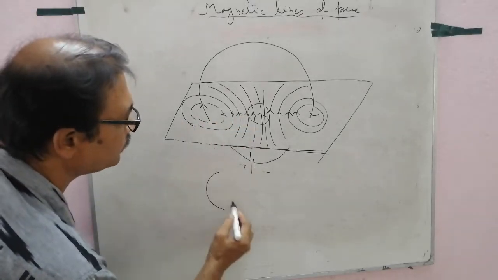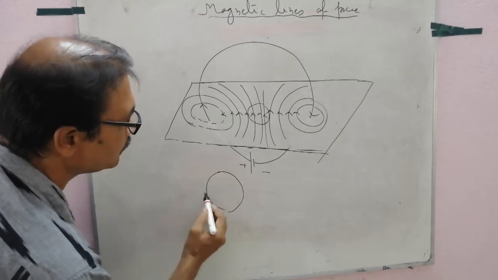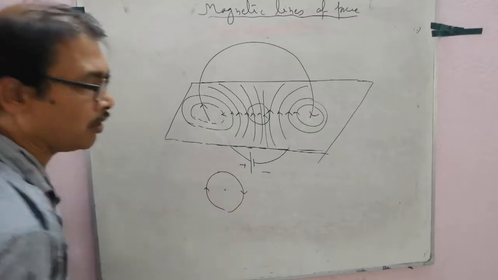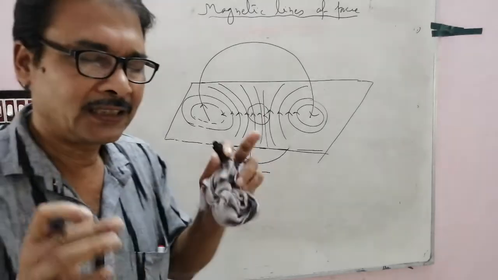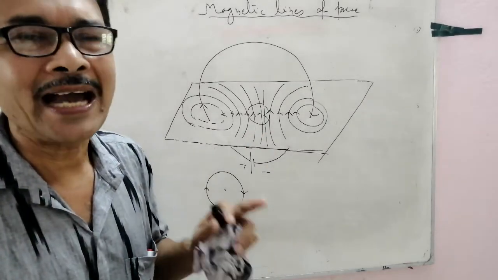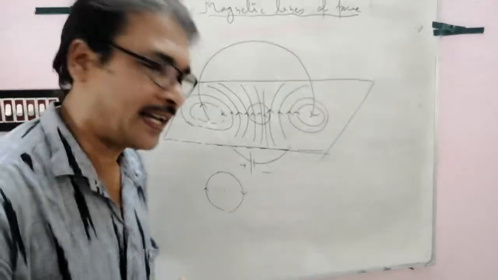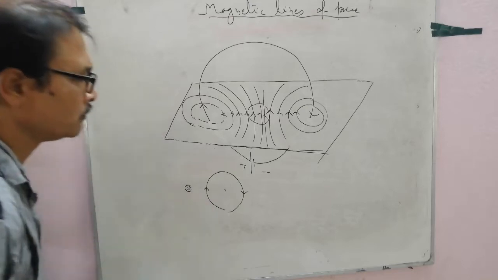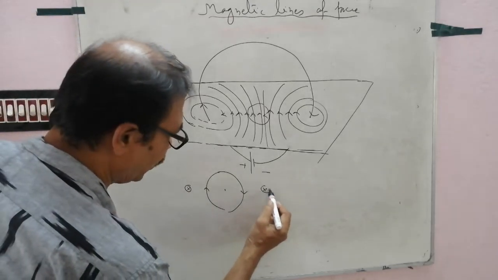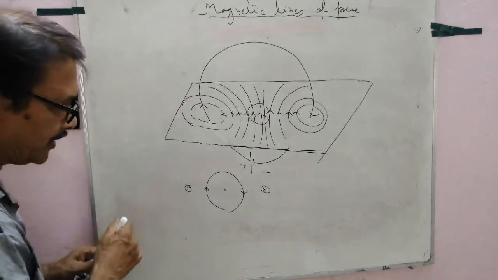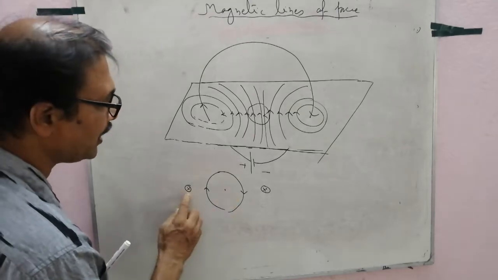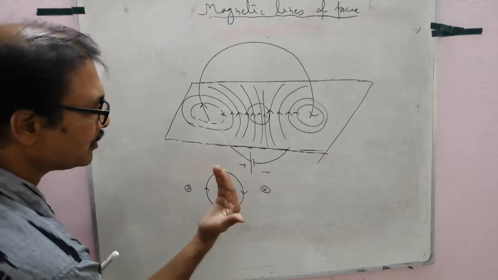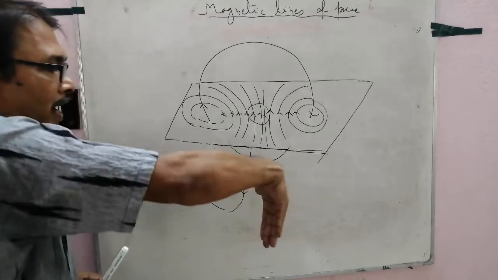This is a wire. Here the magnetic field is strong. We proved that it is mu 0 by 4 pi 2 pi I by R, and for n turns, 2 pi NI by R. If we consider the magnetic field here and here, for this portion the magnetic field due to this wire is upward, and for this wire downward.